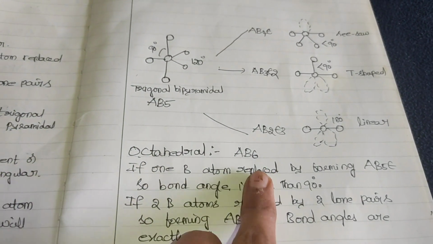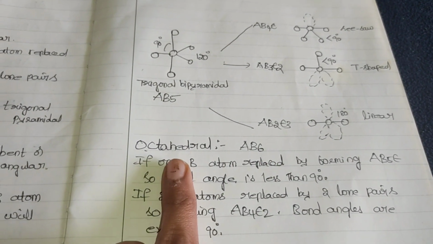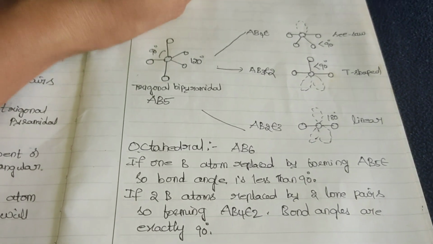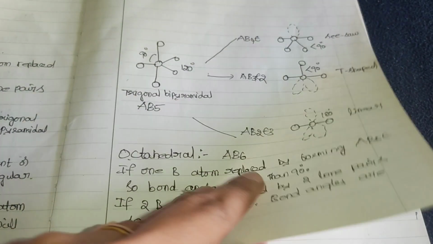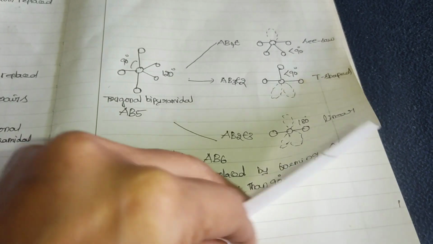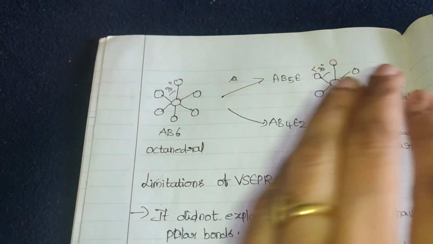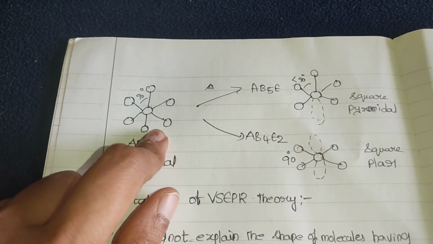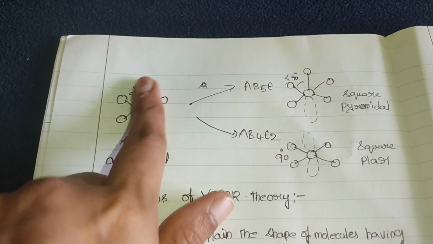Next is AB6. We know it has an octahedral shape with 90 degrees. So what happens if B atoms are replaced by lone pairs?